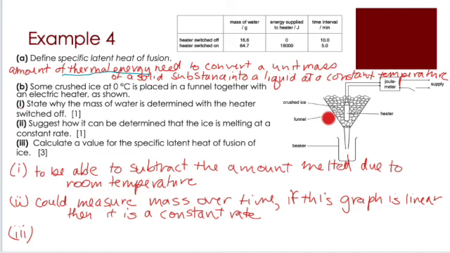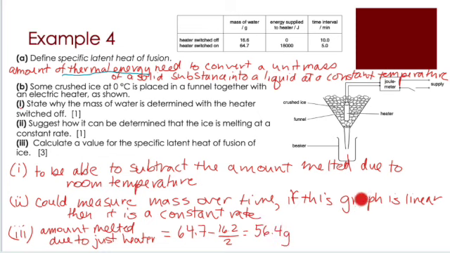Now one thing I want to point out is that the amount when the heater is switched off, they did that for 10 minutes. So if I'm going to compare it with the amount of the heater when it's switched on, I'm going to need to take this value and divide by 2. Now, if I want to find my value, I need to do the amount of heat times my mass times the latent heat of fusion in this case.